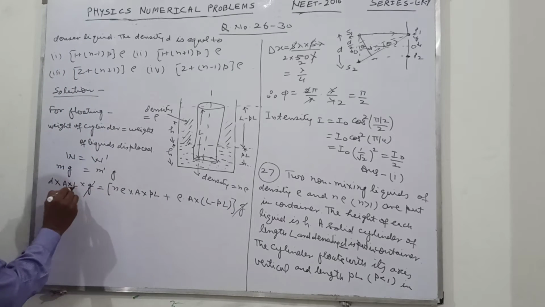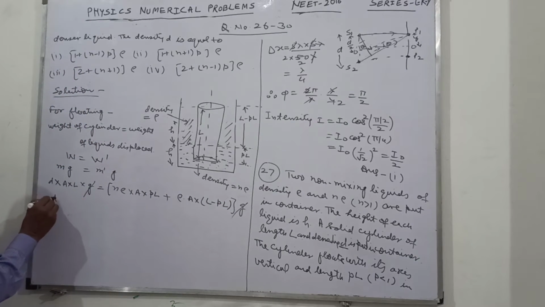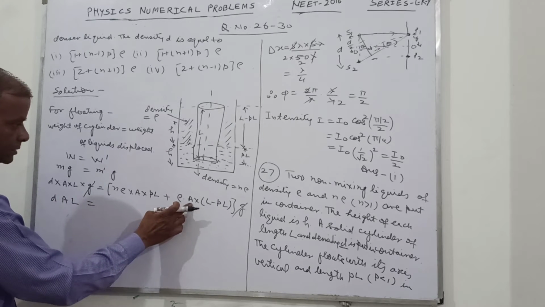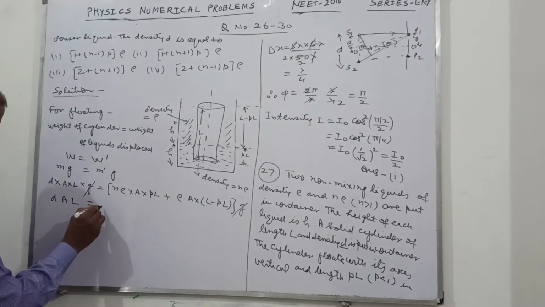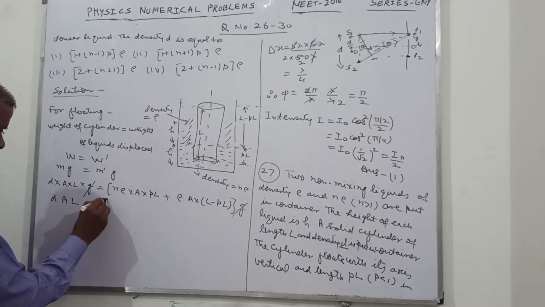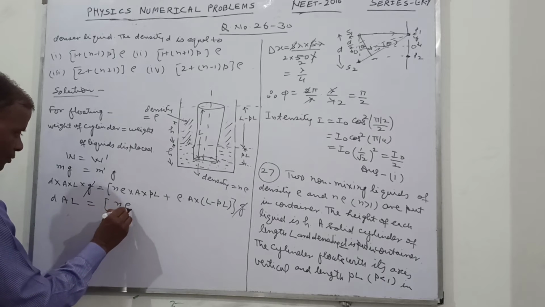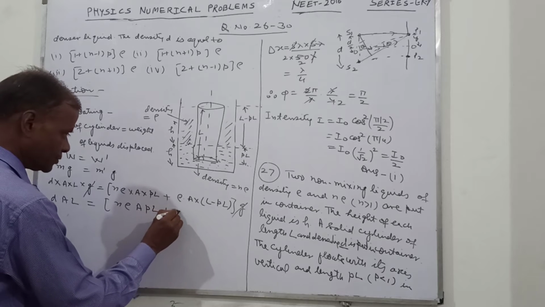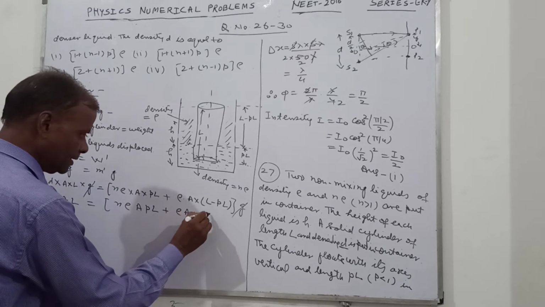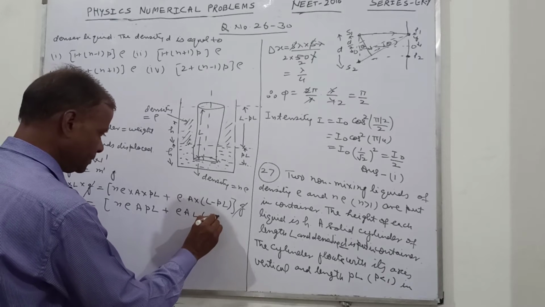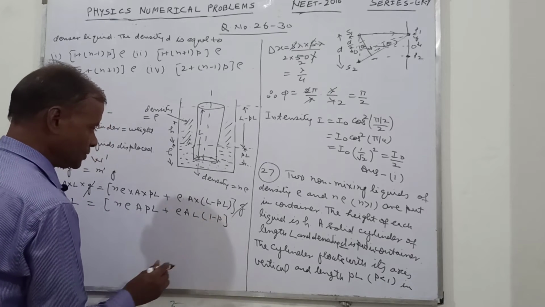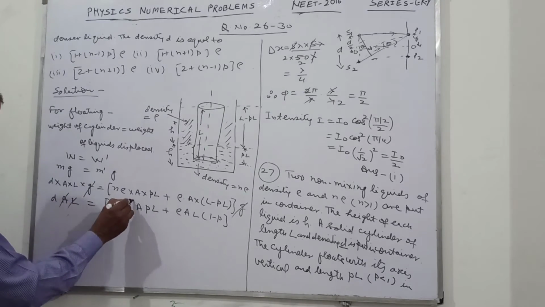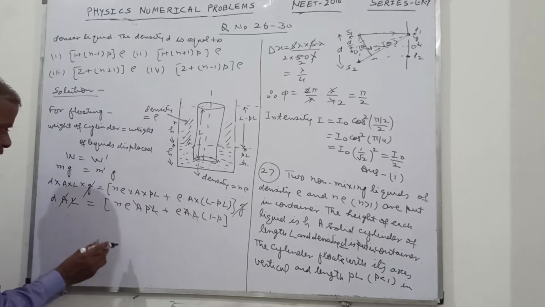So this g will cancel from both sides. So what we have, D A L equal to, now this A and L will be common. So this is n rho A P L plus rho A L into 1 minus P, and this A into L will cancel from both sides.